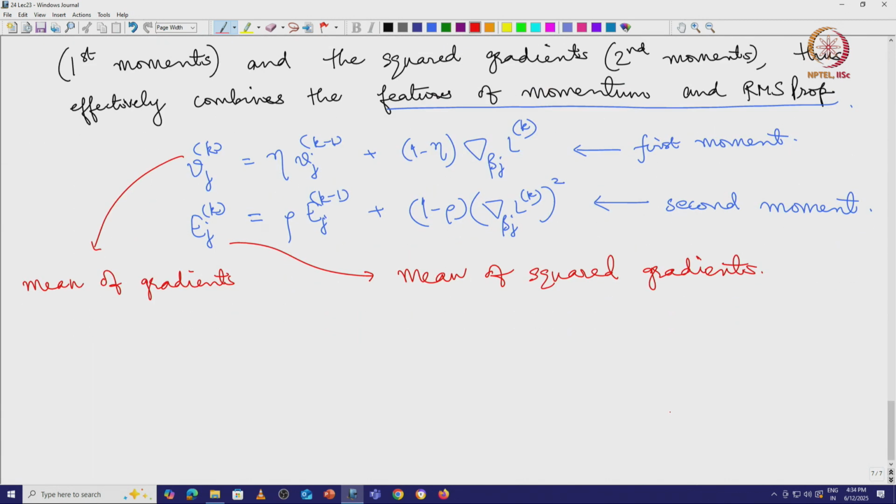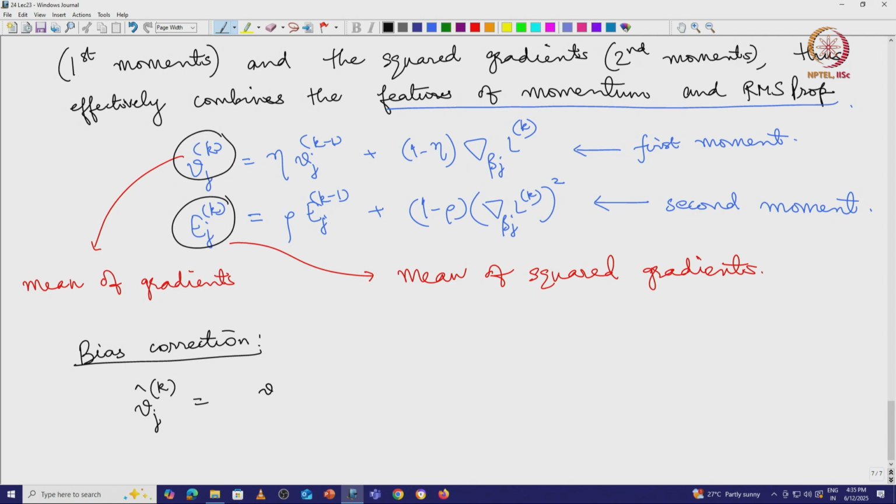Okay. So, I hope this makes sense, and there is also another important thing that has to happen when you are implementing ADAM, which is called bias correction. Essentially whatever these means you are calculating initially, you can't use them directly, and therefore you have to correct them. So, you define the bias corrected velocity.